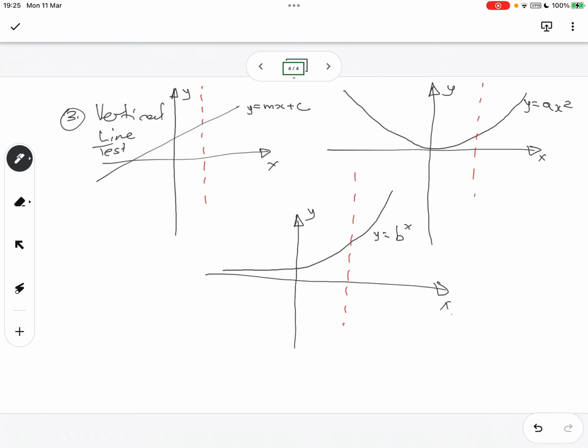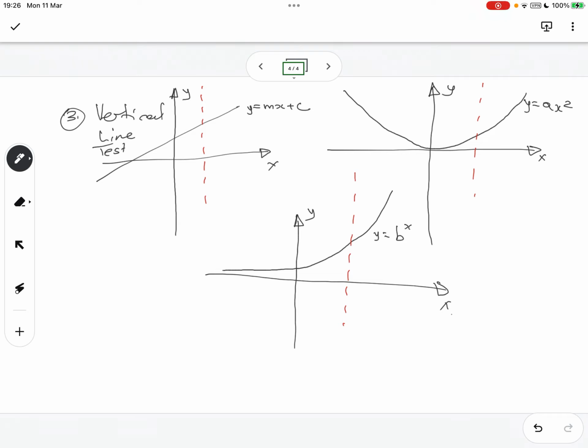If that is the case, then whatever graph you have there is indeed a function. If and only if that vertical line crosses a straight line graph or the parabolic curve or the exponential curve once. Should the vertical line cross a curve on a set of axes more than once, then that graph is not a function, it's something else.